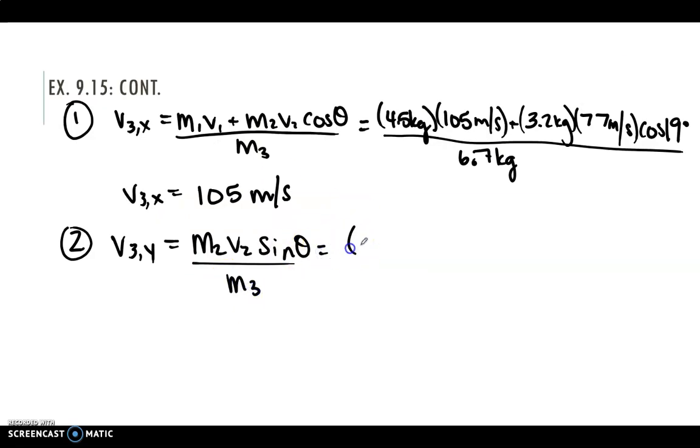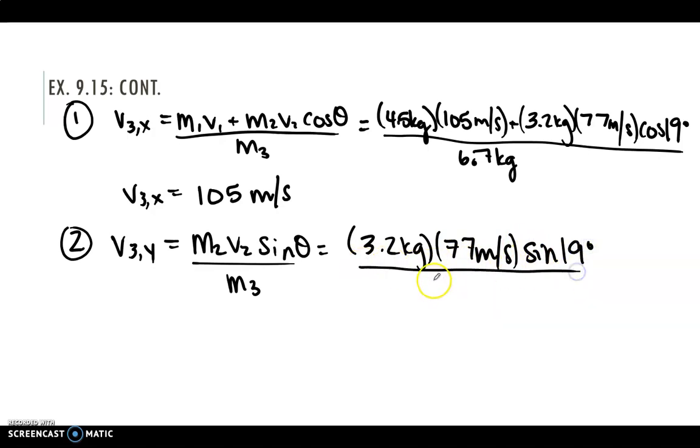So this is going to be 3.2 kilograms times 77 meters per second times sine of 19 degrees over 6.7 kilograms. So 3.2 times 77 times sine 19 divided by 6.7, and we get 12.0 meters per second, and that's in the y direction.